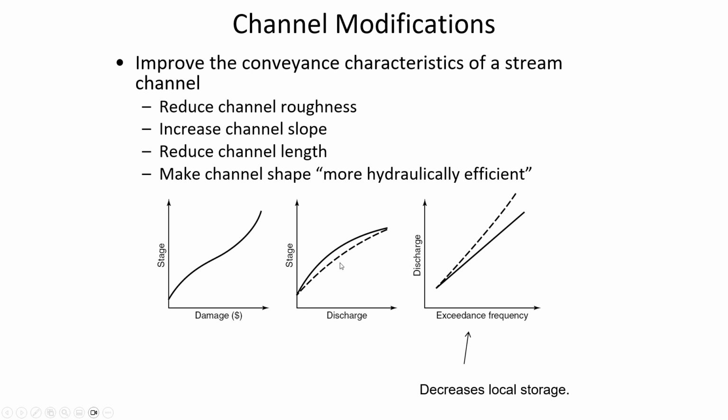And if the depth is lower, then there's not as much damage. So you're going to be accumulating less damage to valuable structures and farmland and everything else that, when it's submerged, causes an economic loss. All of that's avoided because of this benefit. This unintended consequence, an unavoidable consequence, but the benefit of channel modifications is lower discharge, lower stage for a certain discharge.